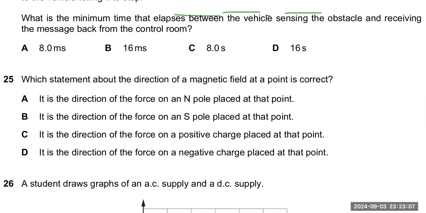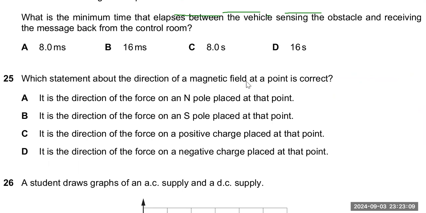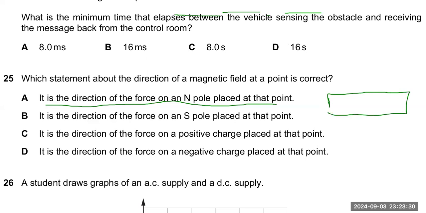The next question is: which statement about the direction of a magnetic field at a point is correct? The magnetic field comes out from the north pole of the magnet and enters the south pole. So it is a very easy question. It is the direction of the force on the north pole placed at that point. This is your magnet, this is your north pole and this is your south pole.